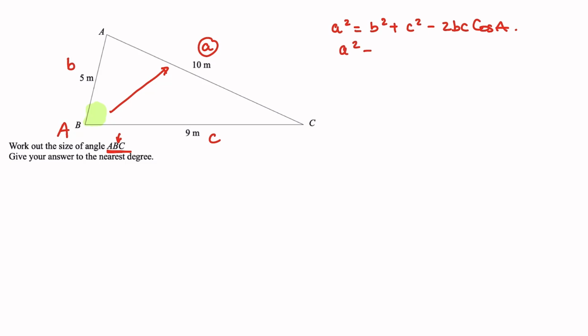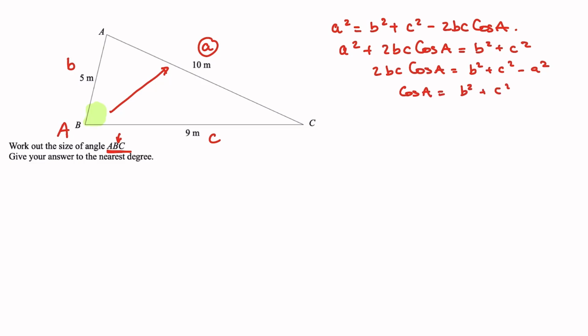So it becomes a squared plus 2bc cos A is equal to b squared plus c squared. 2bc cos A is equal to b squared plus c squared minus a squared. So cos A is equal to b squared plus c squared minus a squared over 2bc. I've rushed that bit because we already went through it, but by repetitively doing this, we will get used to it and you'll be able to remember the cos A formula very easily.